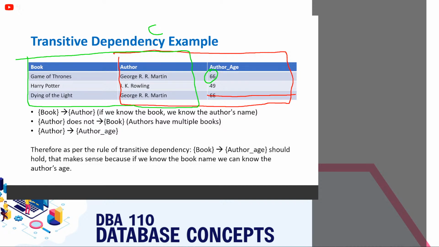Now to get us into Boyce-Codd normal form, ideally what we would want here, Boyce-Codd normal form does not allow dependencies between attributes that belong to candidate keys.